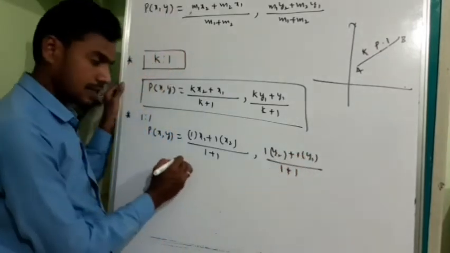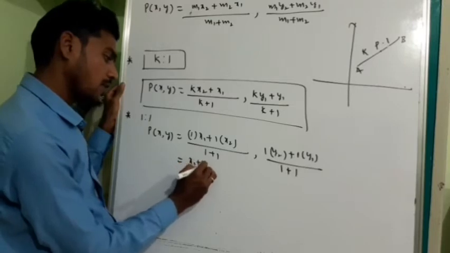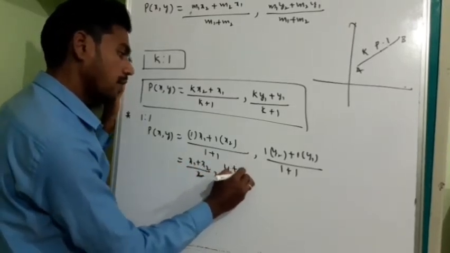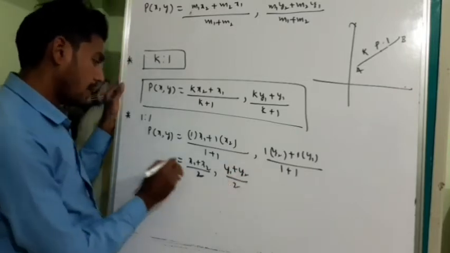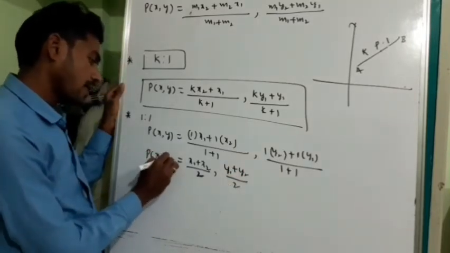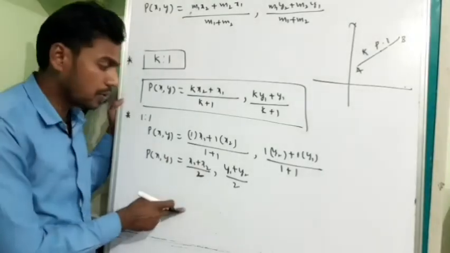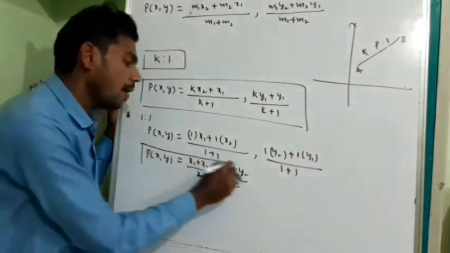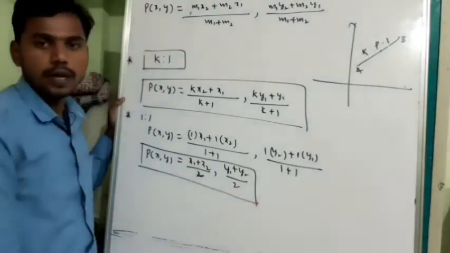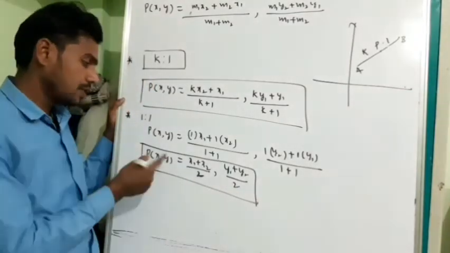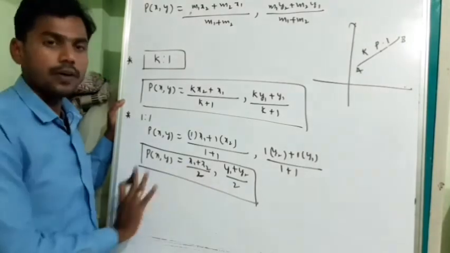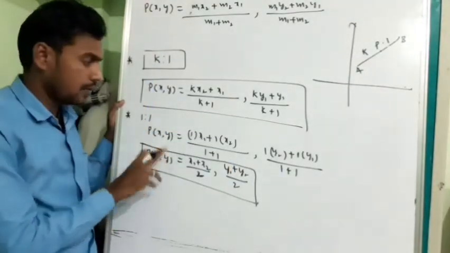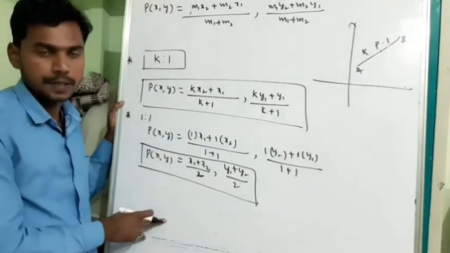We can write this as x1 plus x2 divided by 2 and y1 plus y2 divided by 2. What does it indicate? That is the midpoint. If the ratio is 1 is to 1, we will get this. Please note down, these are the two important cases wherein the formula is going to change.